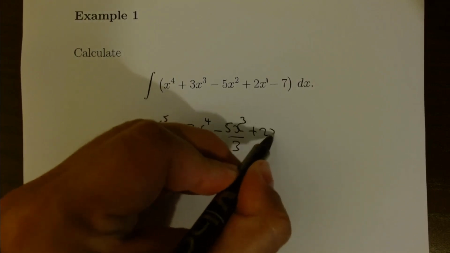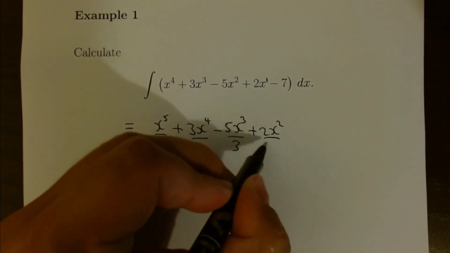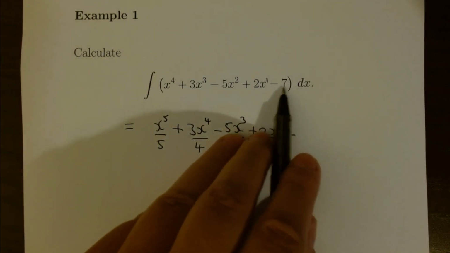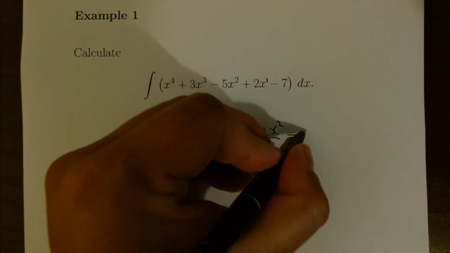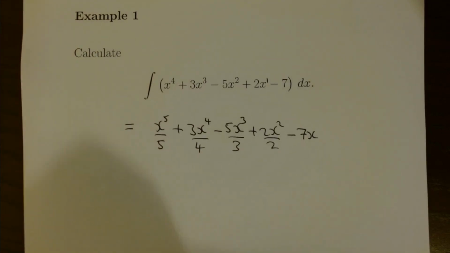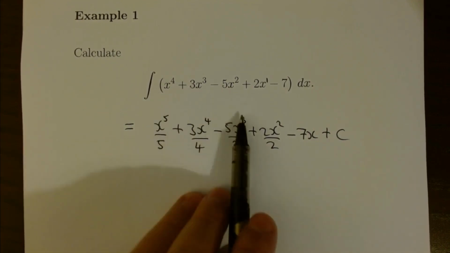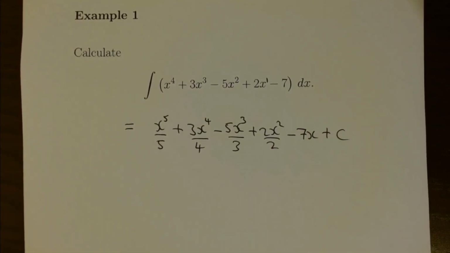Here we get 2x squared over 2, and then the 7 is a constant, so it's minus 7x, and then at the end we do a plus c. And we just have to do a plus c only once, we don't have to do it for each term, just one plus c at the end.